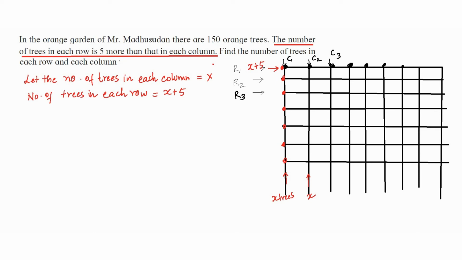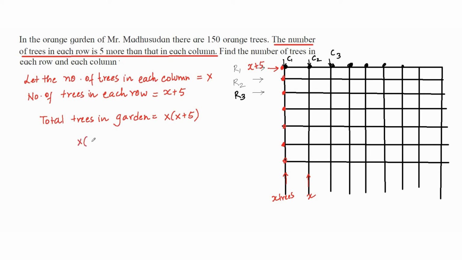So now the number of trees in this garden is going to be the multiplication of x and x plus 5, because this is a rectangular arrangement after all. So the total number of trees in the garden is going to be x multiplied by x plus 5, which is going to be equal to 150.